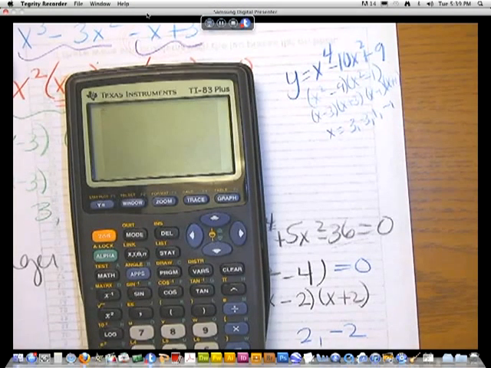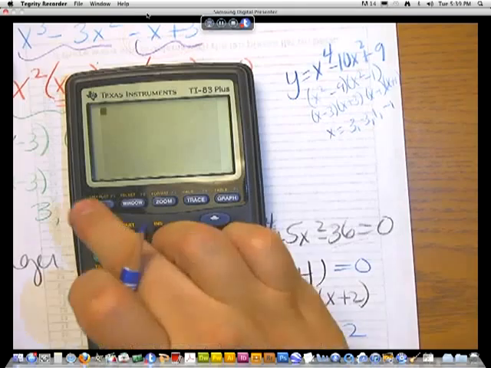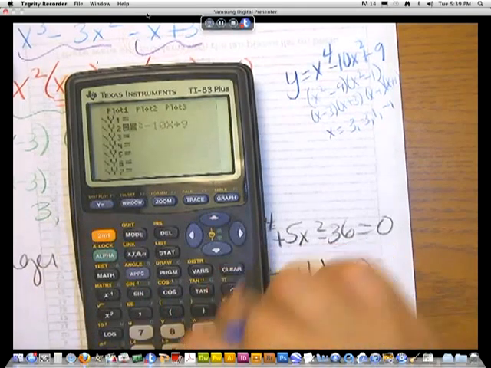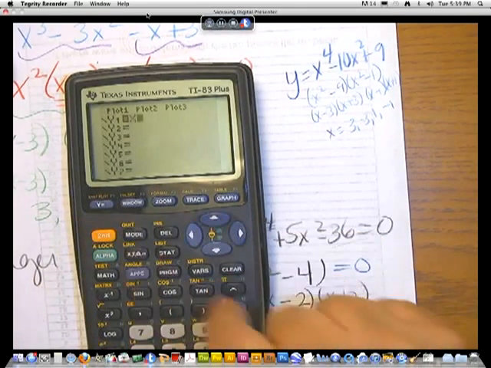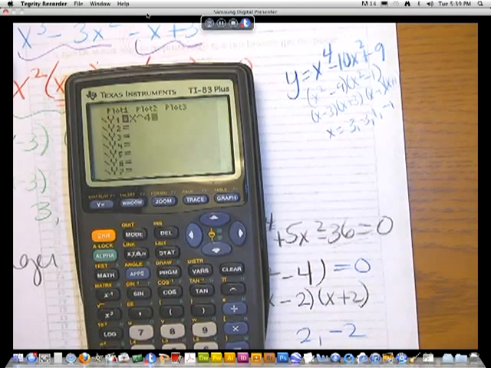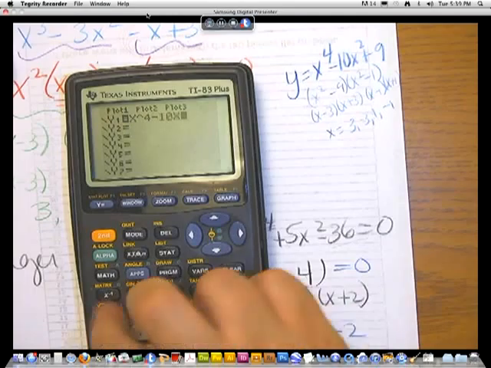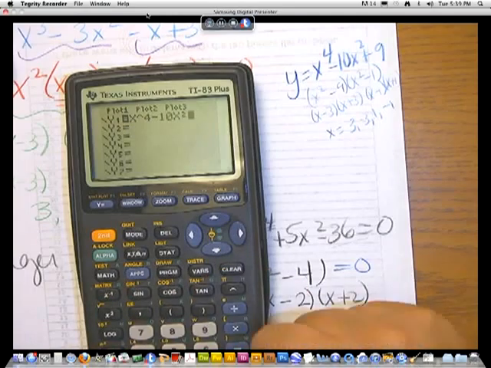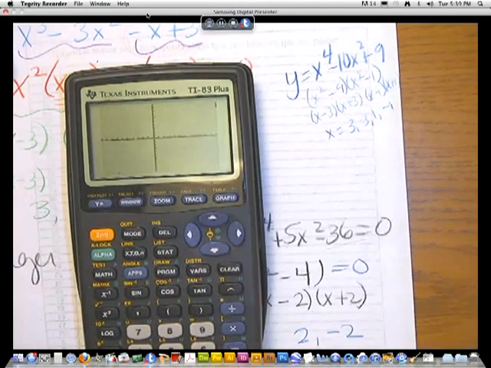Now, we've already kind of done that, but just to reiterate, we go to y equals. We put in the equation, so x to the 4th, use the caret to get a larger exponent, 4, minus 10x squared plus 9. When I graph this, I see my picture.